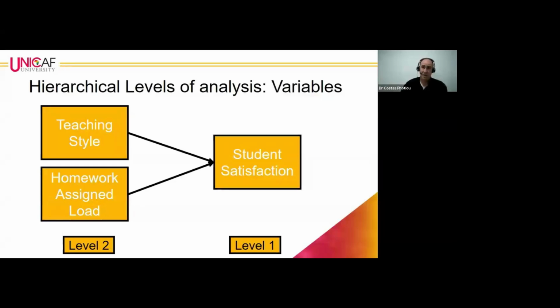So if there are 5 classes in a school of 100, on the right-hand side we have 100 students, so 100 ratings. And on the left-hand side, we have 20, so it's the 100 individuals divided by 5 classes. So we have 20 ratings. So we're looking at how 20 ratings impact the 100 students at level 1.